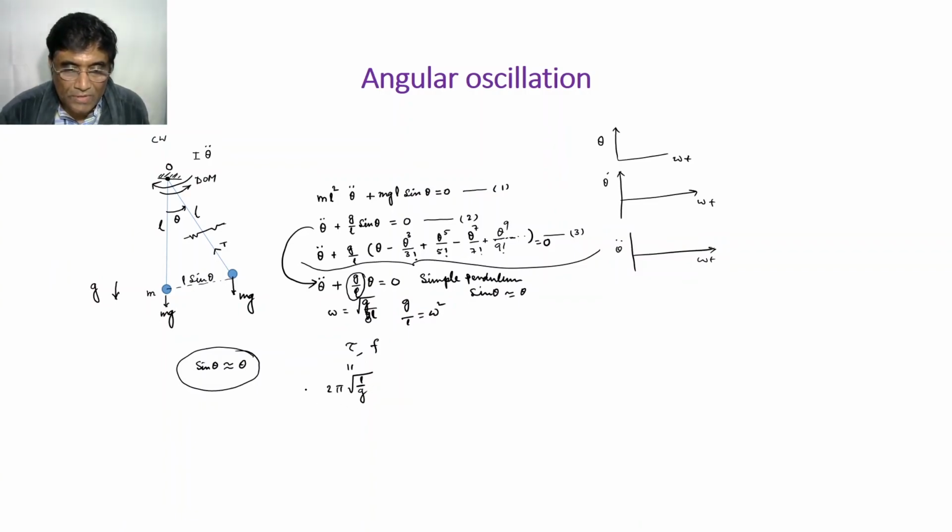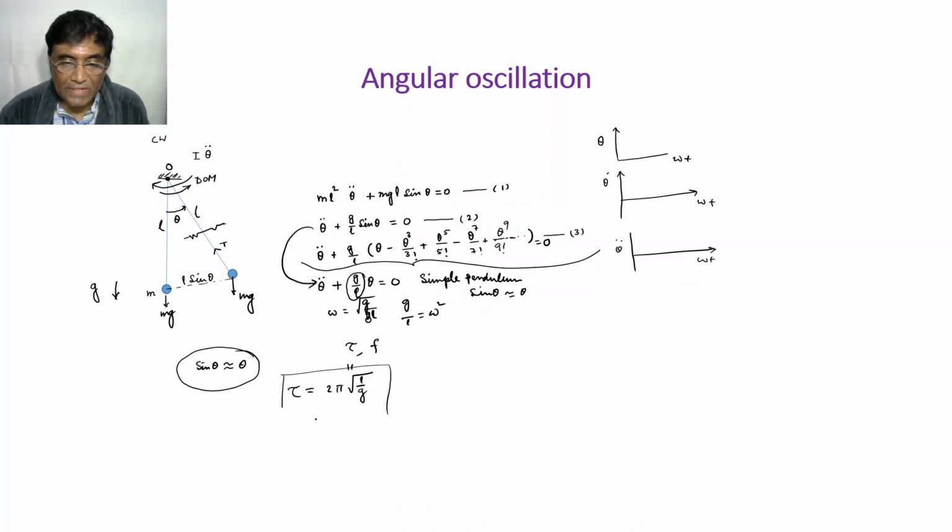Now suppose you are taking a ball acting as a pendulum bob, and from some ceiling you are hanging it with a string, and then you are oscillating it violently. And you are thinking that this is the solution.